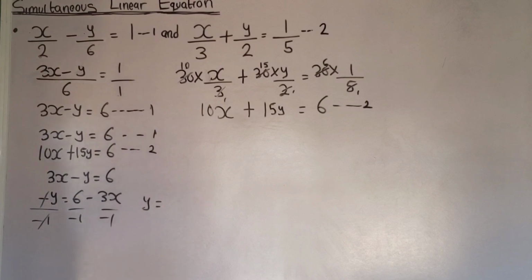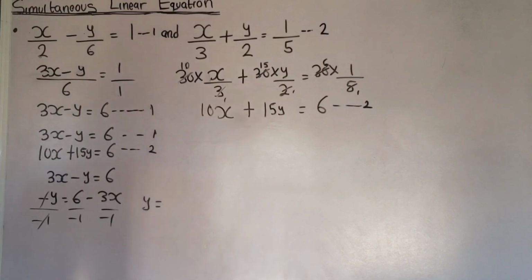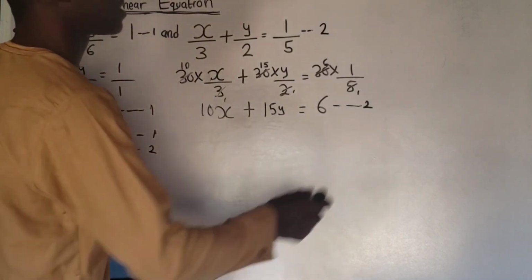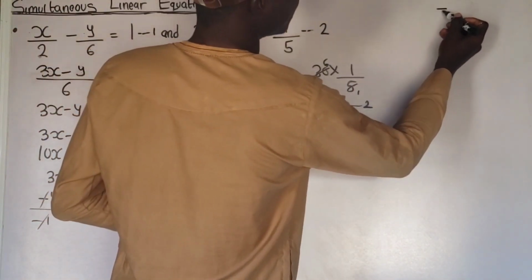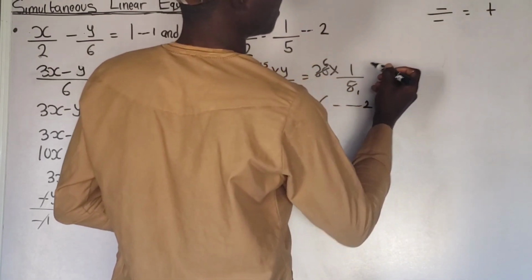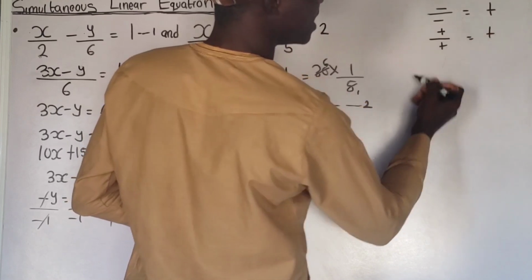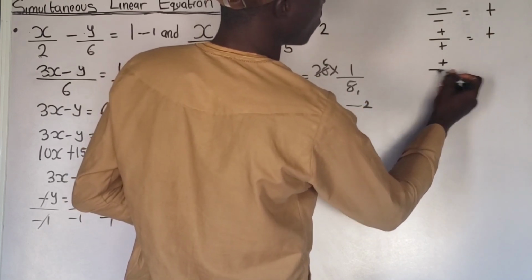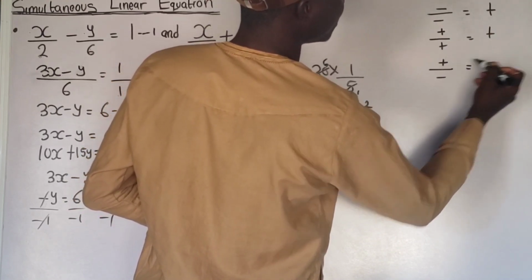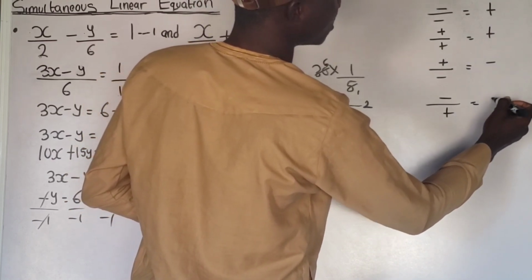now when you are dividing signs, please pay attention. Let me quickly teach you something. Look at this. Pay attention, please. When you are dividing signs, negative over negative, that is what? Positive. You understand? Positive over positive, that is what? Positive. Okay, positive over negative, that is what? Negative. Okay, negative over positive, that is what? Negative.